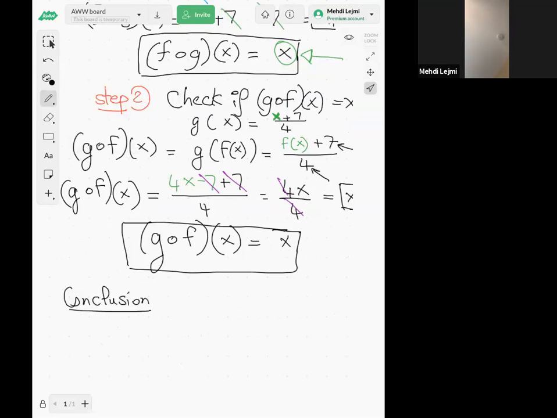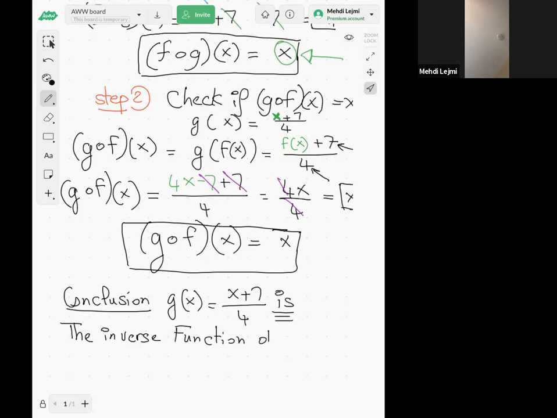So this g of x, which is x plus 7 over 4, is the inverse function of f. The inverse function of f of x, which is 4x minus 7, right?